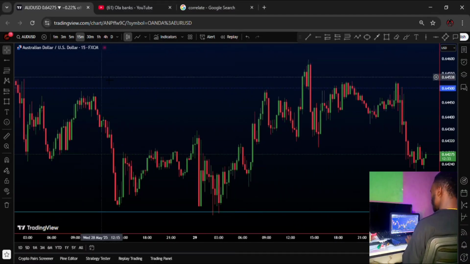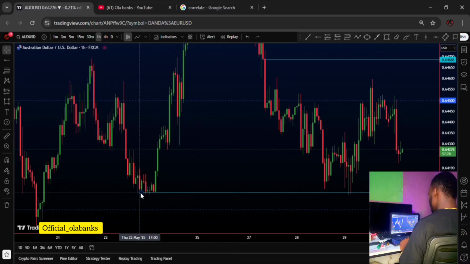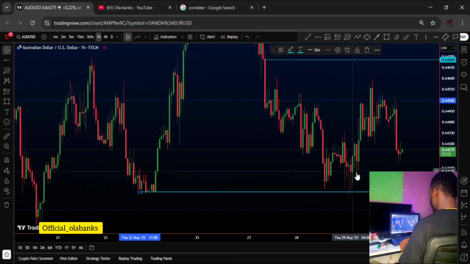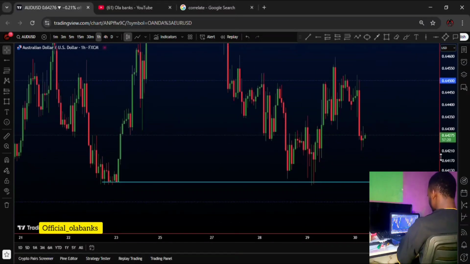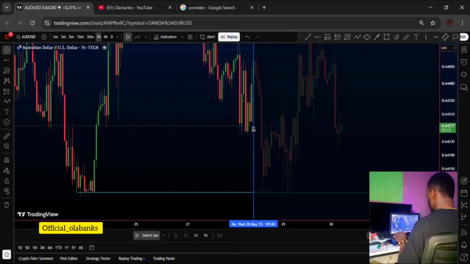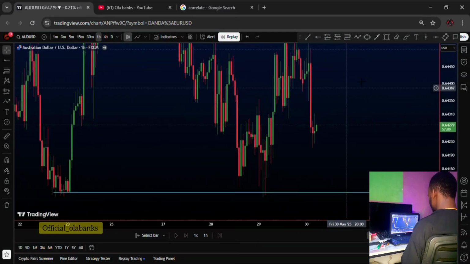So for AUD USD, very quick, the video is getting too long already. So you see, I have my support right here. So always from the higher time frame, I have my support right here. Price has been creating a series of lows.